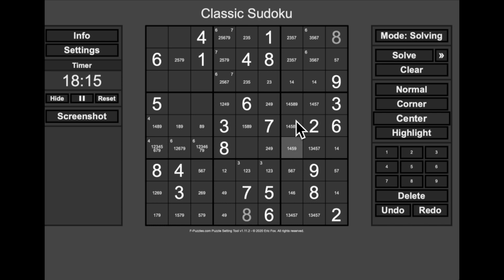This is definitely not 8. This is definitely not 5. No, that's not 3.